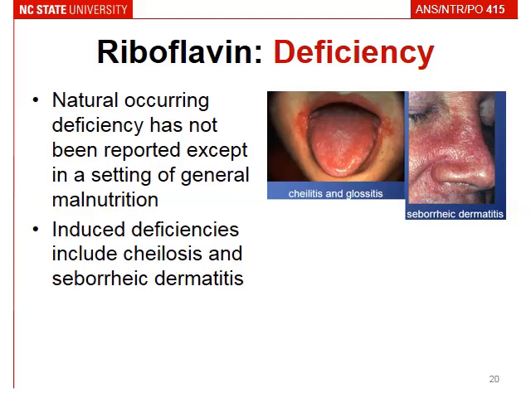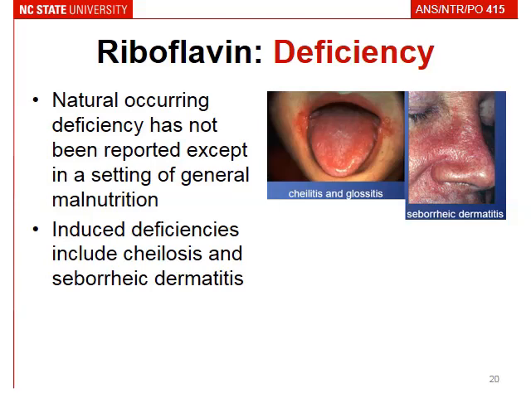So naturally occurring deficiencies with specifically just riboflavin are actually pretty rare. If you have a general malnutrition situation where you are eating inadequate amounts of multiple vitamins, carbohydrates, proteins, and lipids, then you're more prone to see these.